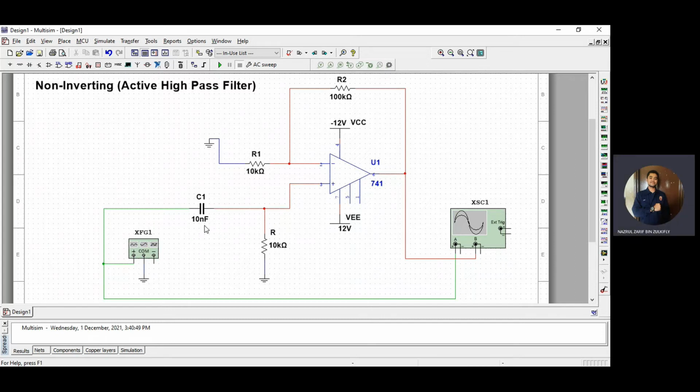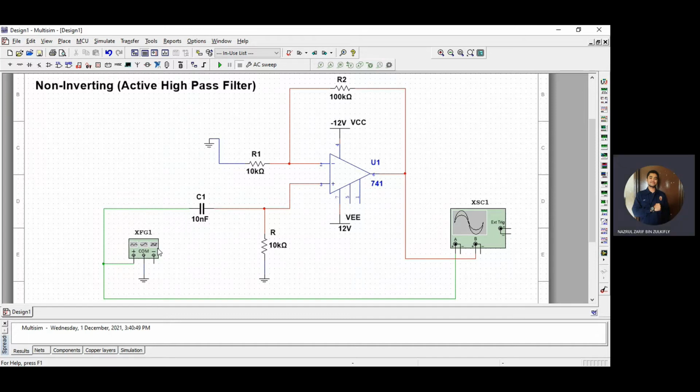The capacitor value is 10 nanofarad, and for the high pass filter the resistor is 10 kilo ohm. For the pass band gain, which is for the amplifier, R1 is 10 kilo ohm and R2 is 100 kilo ohm.